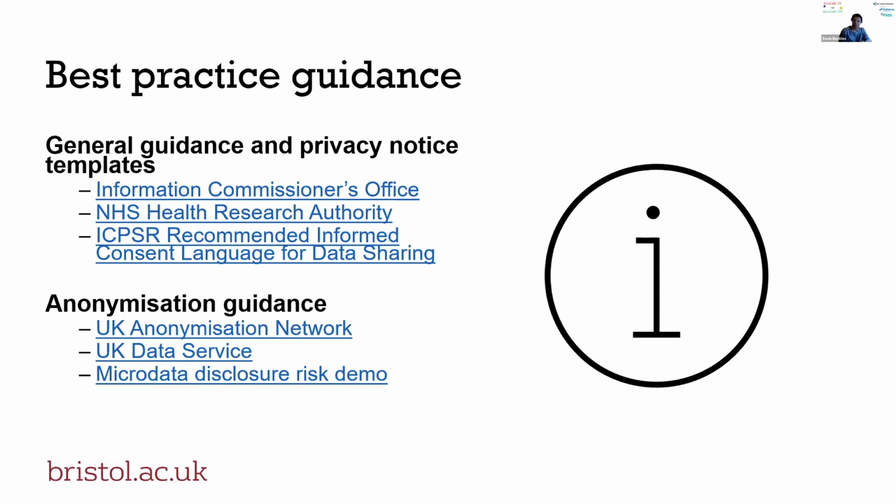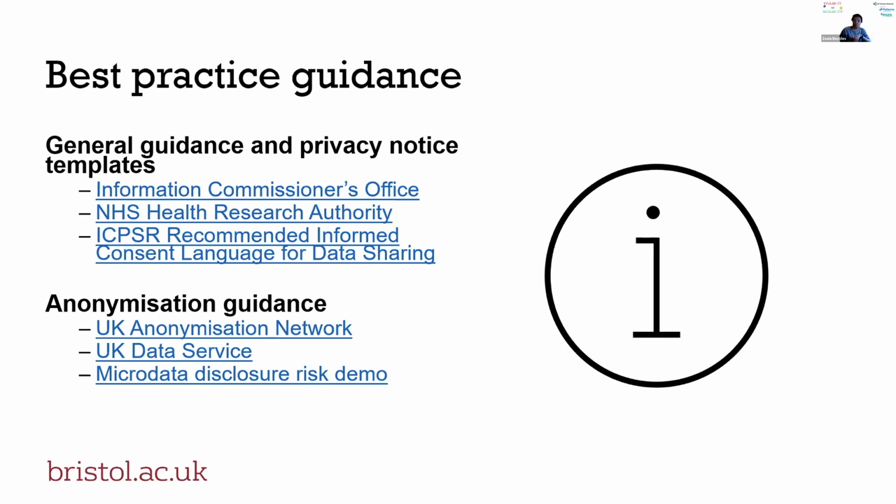The NHS Health Research Authority also has some excellent templates for privacy notices and consent forms. And finally, the ICPSR has really good recommended language for consent forms to make sure that you are clearly conveying what you plan to do in terms of data sharing.